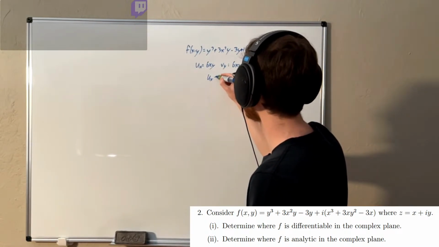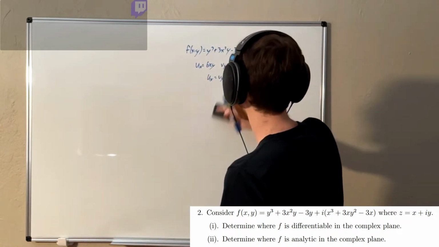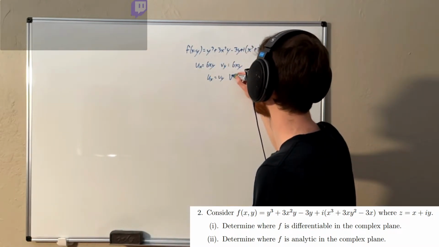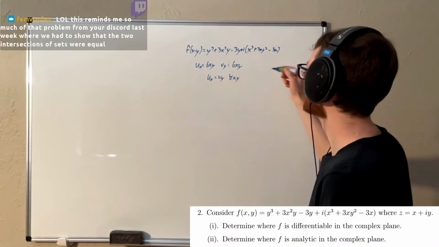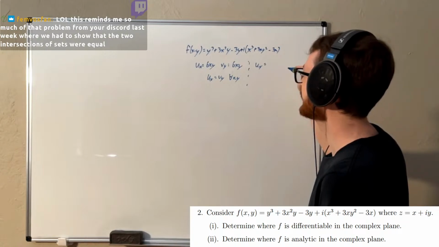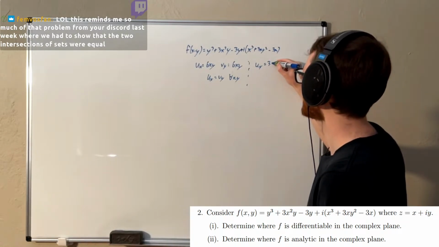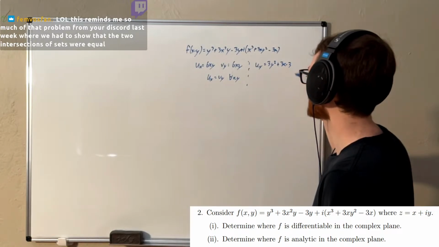So u sub x equals v sub y for all x, y. Now u sub y is 3y squared plus 3x squared minus 3.